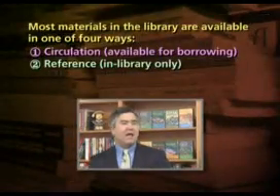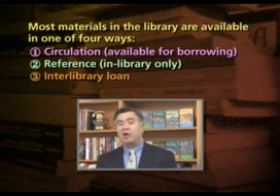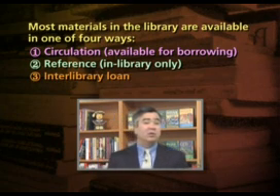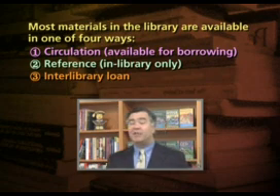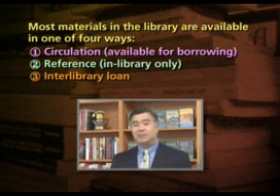A third type of access that's available in most libraries nowadays is interlibrary loan. And this is a wonderful tool because it extends the availability of materials over a much wider area than was possible in the past. At one time, if you went to a particular school or lived in a particular neighborhood, you could really only use the materials that happened to be available in your local library.